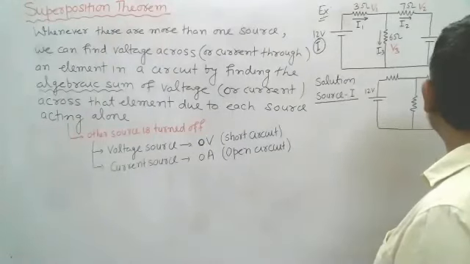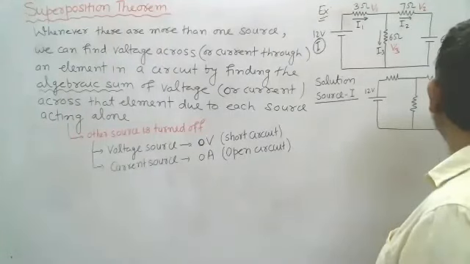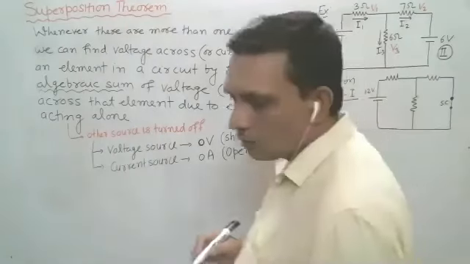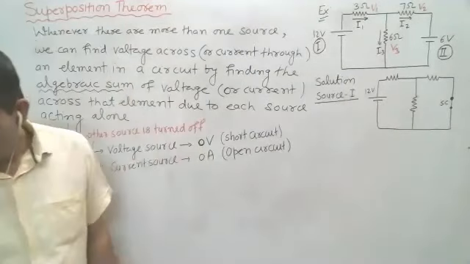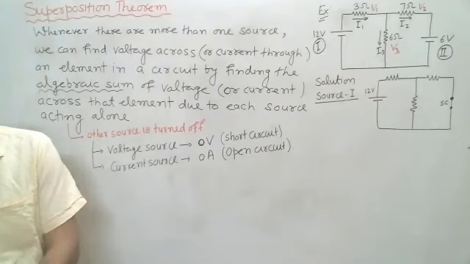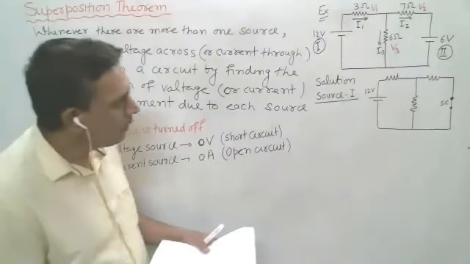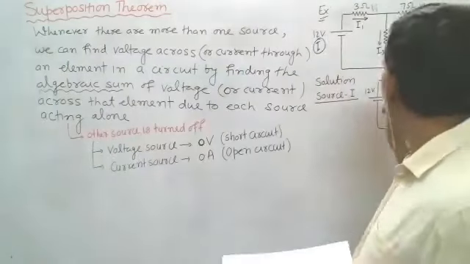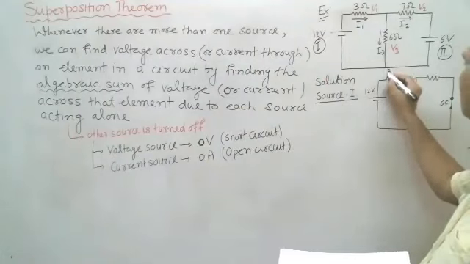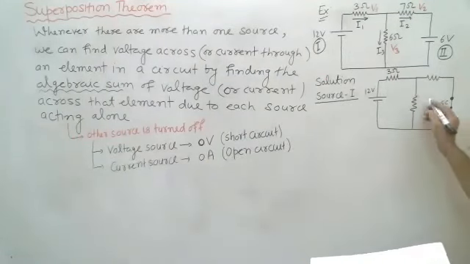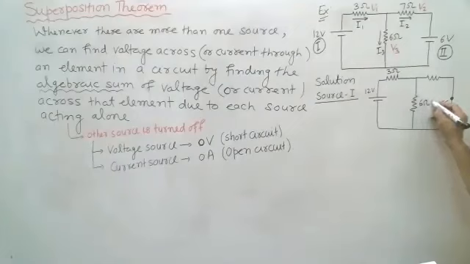This is short circuited. Second source is short circuited. Okay. So this is 3 ohm. This will be 6 ohm. And this will be 7 ohm.